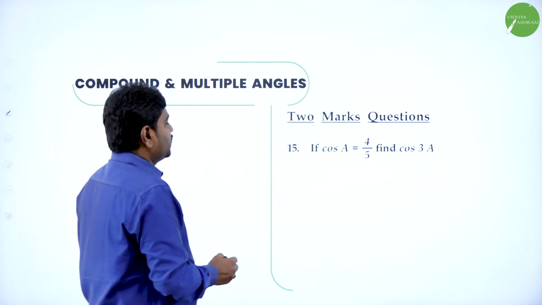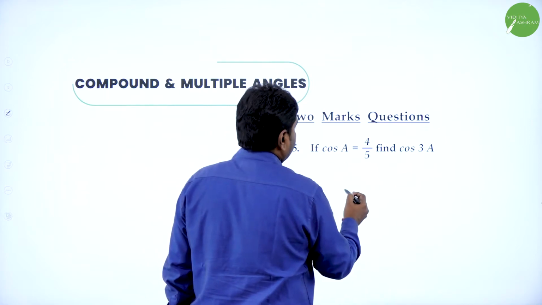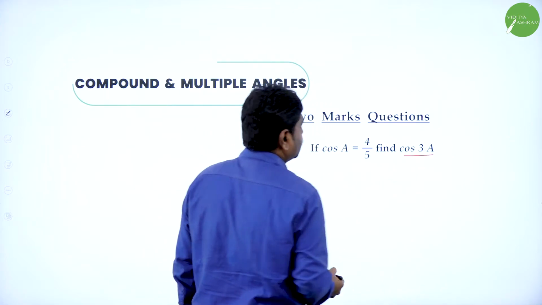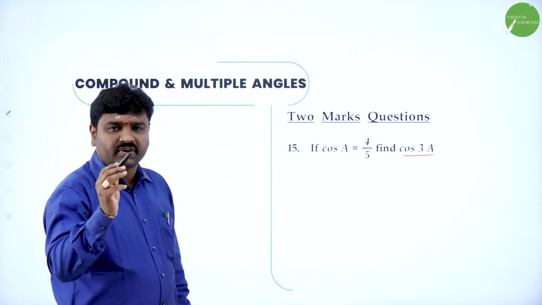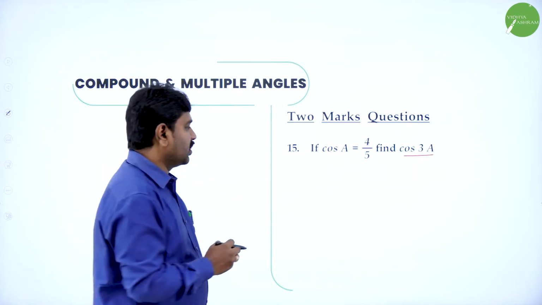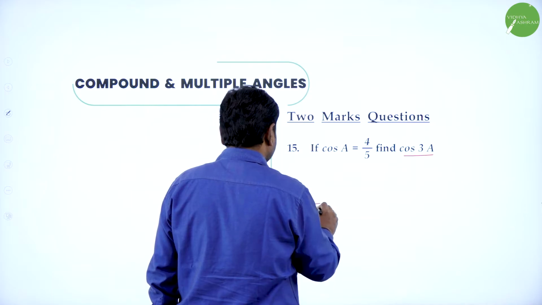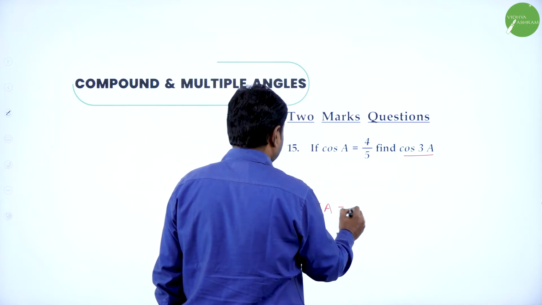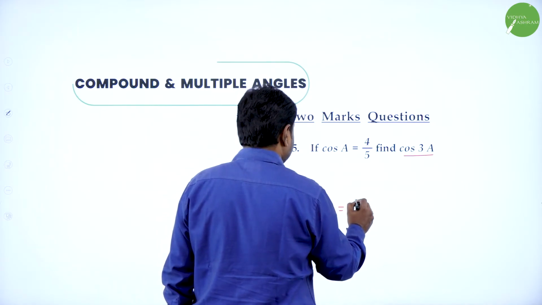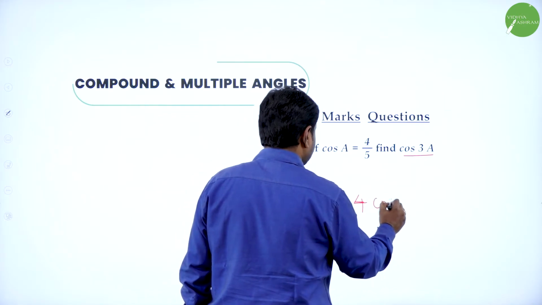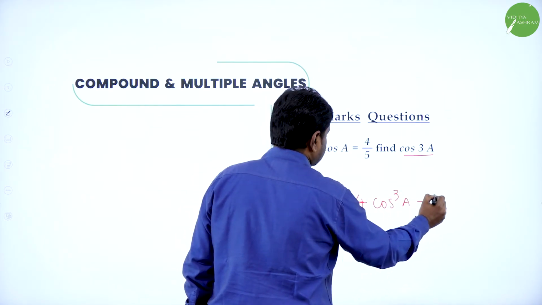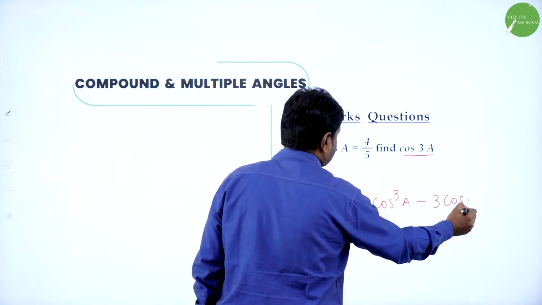Next, if cos A is 4 by 5, find cos 3A. So they gave cos A, they want you to find cos 3A. Use the multiple angle formula. So directly use the formula of cos 3A. Dear students, cos 3A is 4 cos cube A minus 3 cos A. This is the formula for cos 3A.